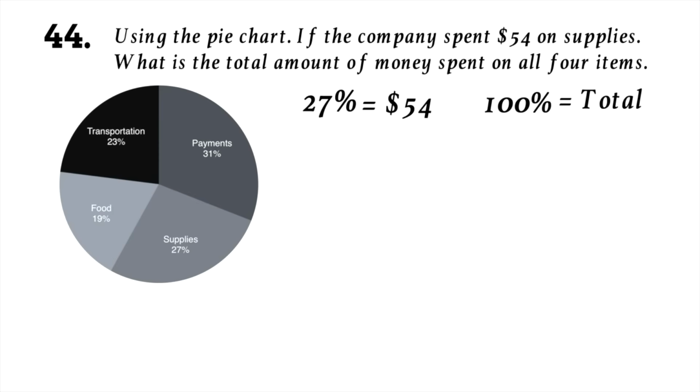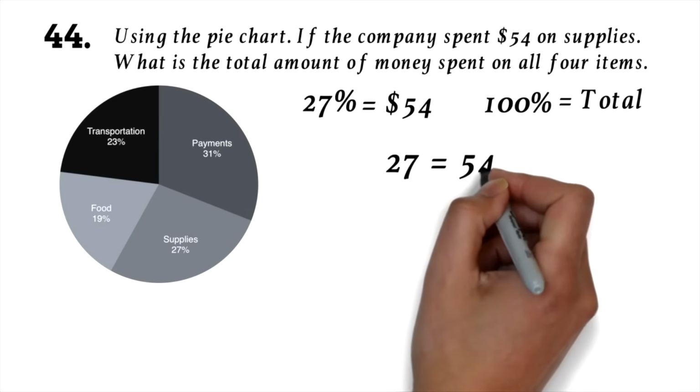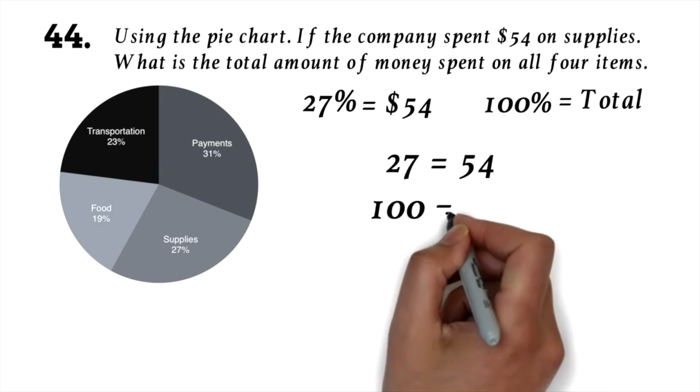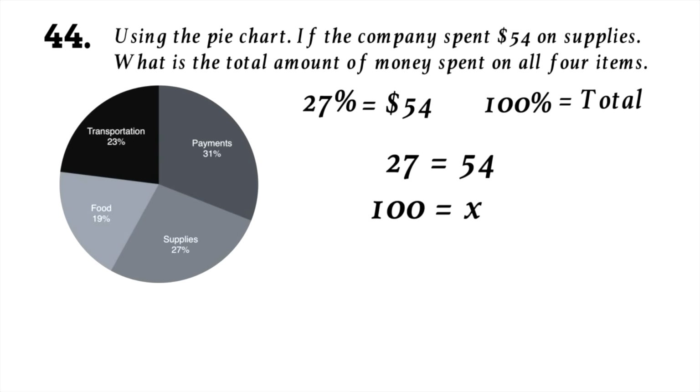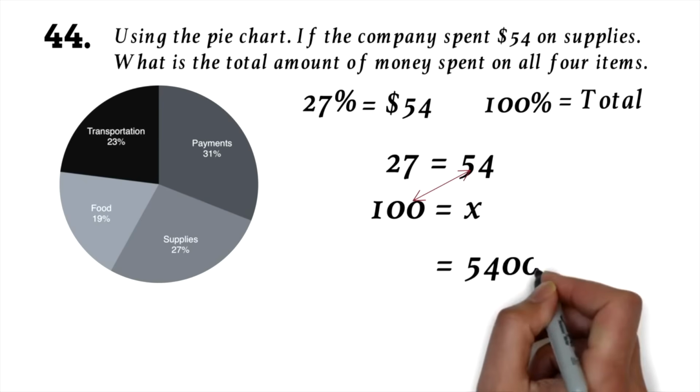So we can have 27% is to 54, 100% is to x, that's the total we want to find. We will cross multiply. 100 times 54 is 5400.